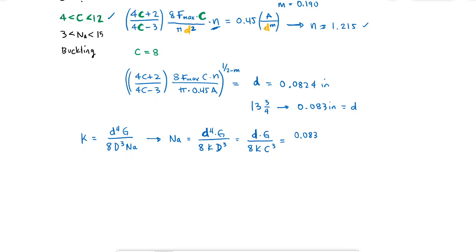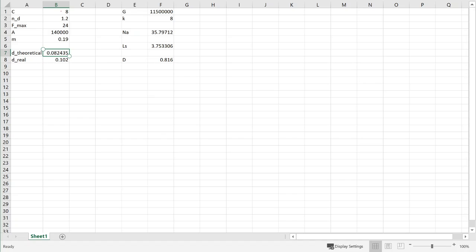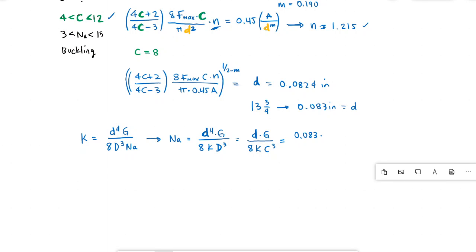The one for the gauge wire I selected, the shear modulus. So we can look that up, the cold drawn steel from the second table that I used in class. That would be, write it down here, 11.5 times 10 to the 6th, so 11.5 times 10 to the 6th over 8.